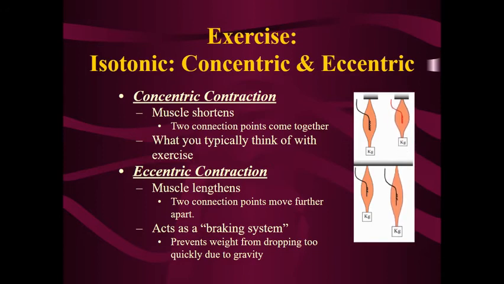Eccentric contraction is when the muscle lengthens. It's when there are two connection points that are moving further apart. This acts as a braking system. It prevents the weight from dropping too quickly due to gravity. So you're still contracting, but it's slower and it's actually going to result in lengthening.